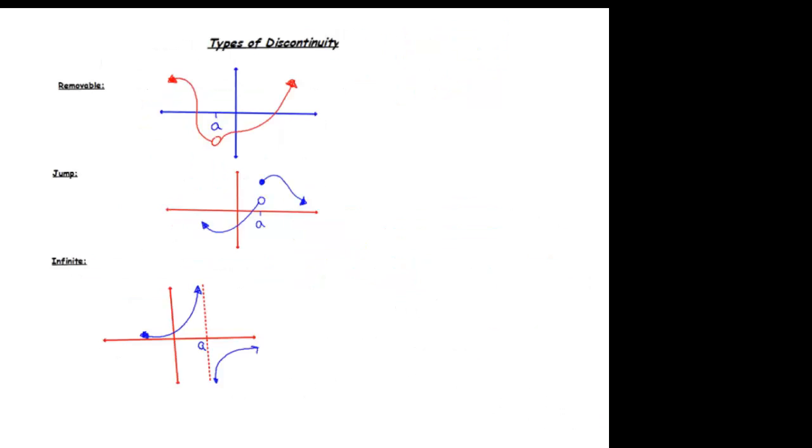So the first type is called a removable discontinuity. And so a removable discontinuity is a discontinuity that can be removed by plugging in a hole.